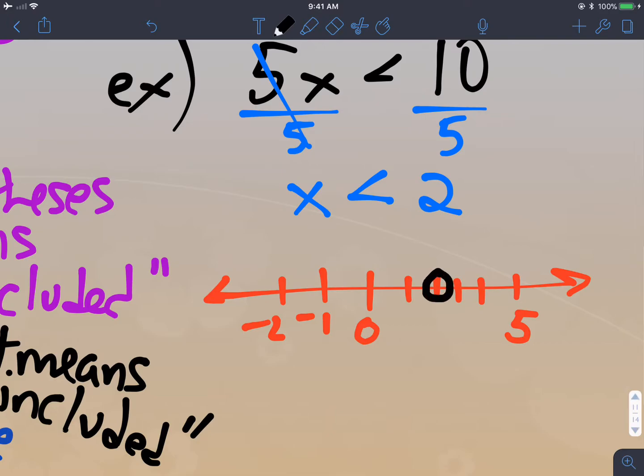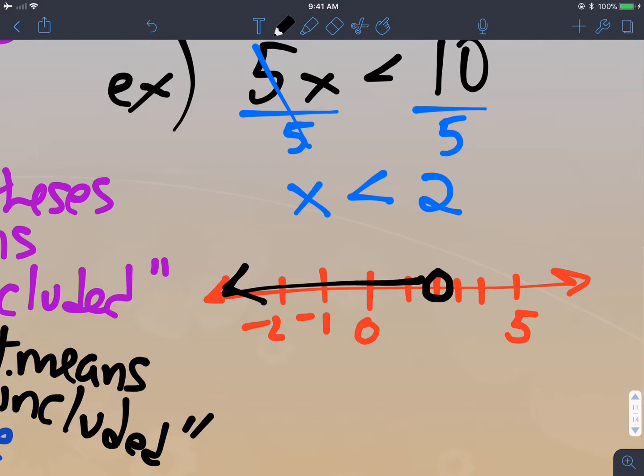Where will the number line point to? Will it go to the left towards -infinity or to the right towards positive infinity? The inequality says x is less than 2. So 1 is an answer, 0 is an answer, -5 is an answer. That means it's got to point to the left.